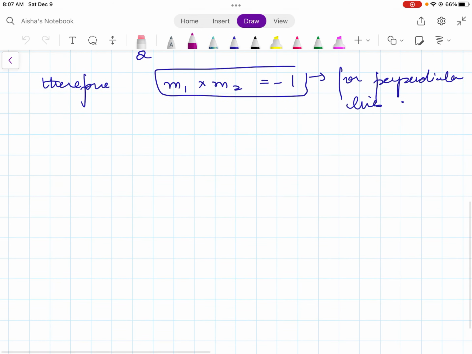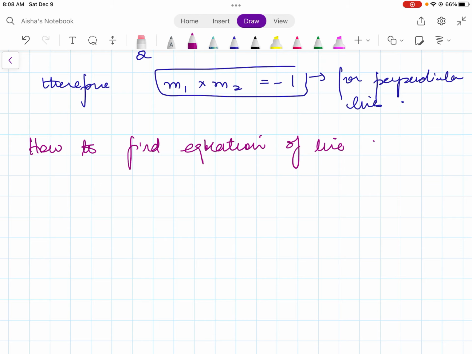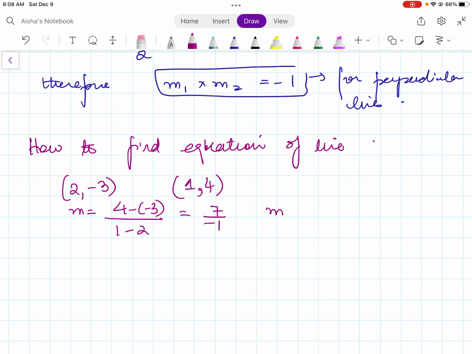Now, how to find equation of the line? For the equation of a line we need 2 points. We find out the gradient. Then we pick up any one point.